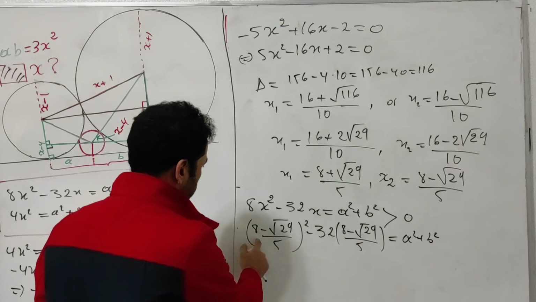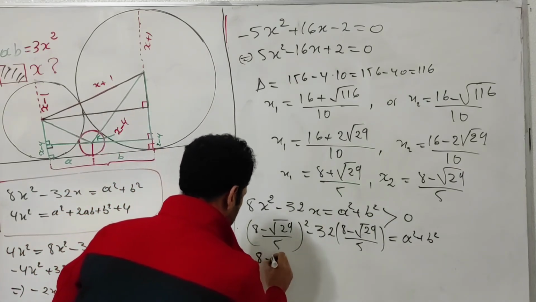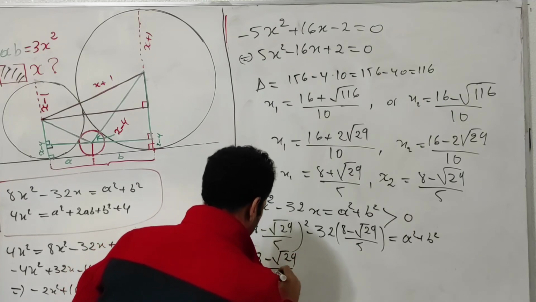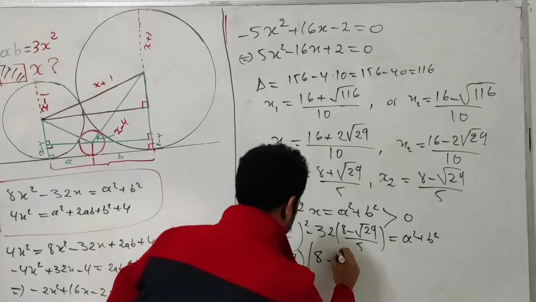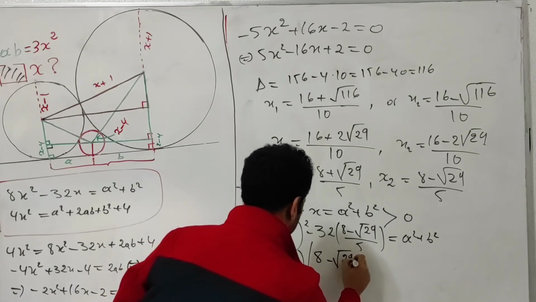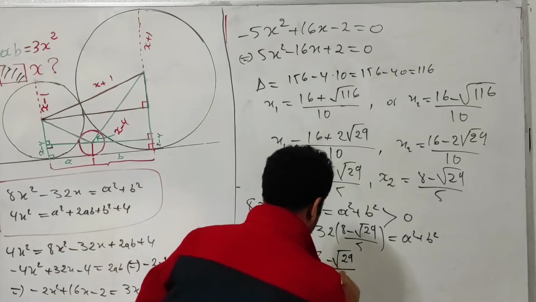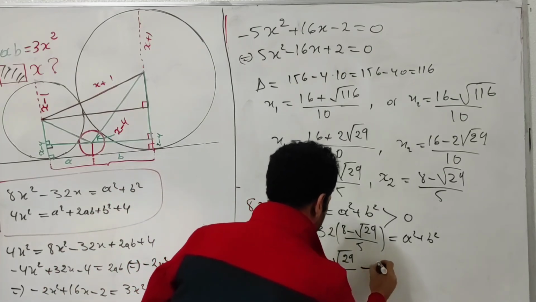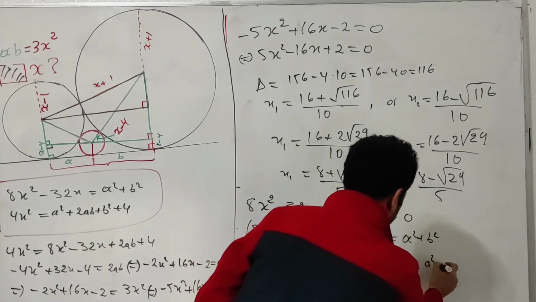Okay, I'm going to put 8 minus square root of 29 over 5 as a common factor. I will have minus square root of 29 over 5 multiplied by 8 minus square root of 29 over 5 itself minus 32, equal to a square plus b square.